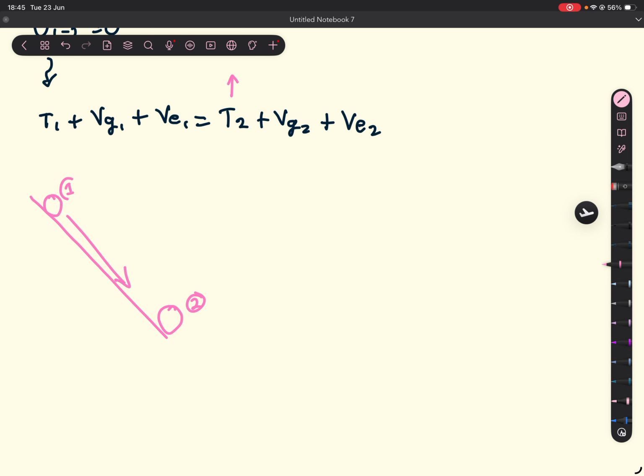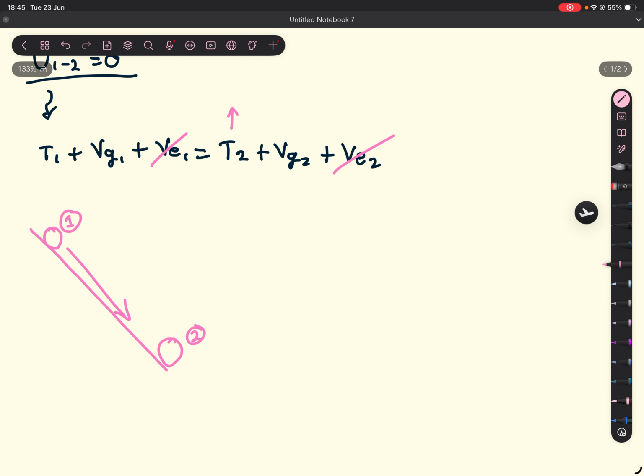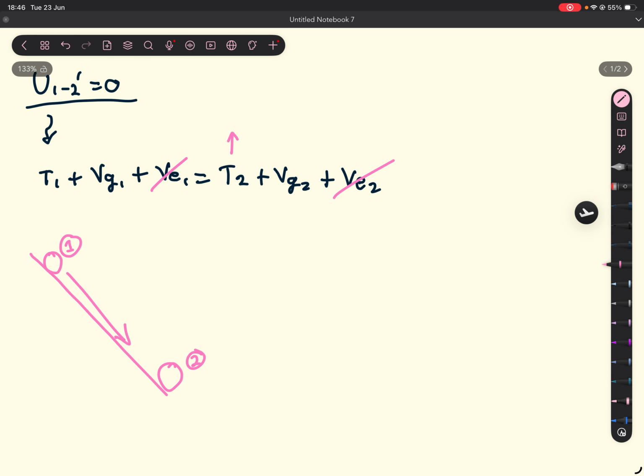Then if it's gaining kinetic energy, in order for this side of the equation to equal that side, we have to lose something. So in this example over here, there's no spring, so there's no elastic potential energy stored, right? The thing that has to go down then is my gravitational potential energy.